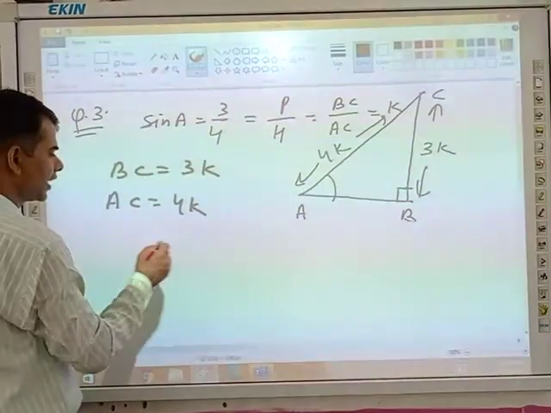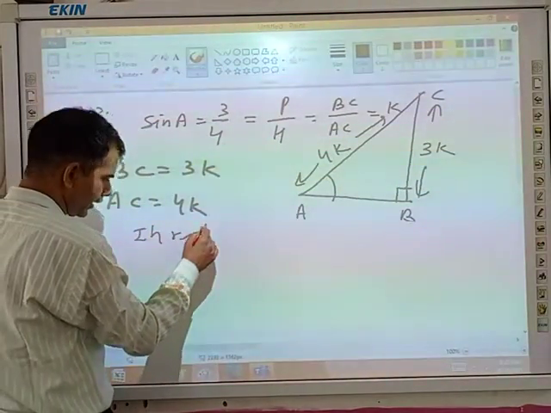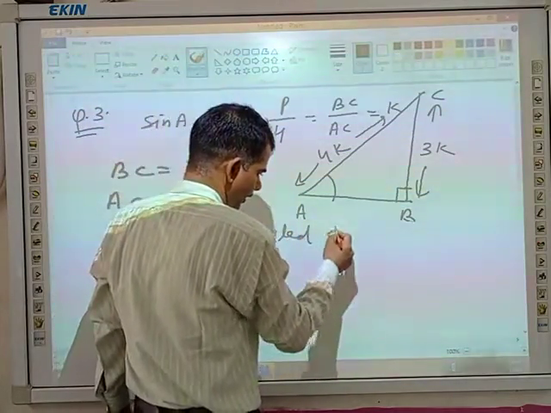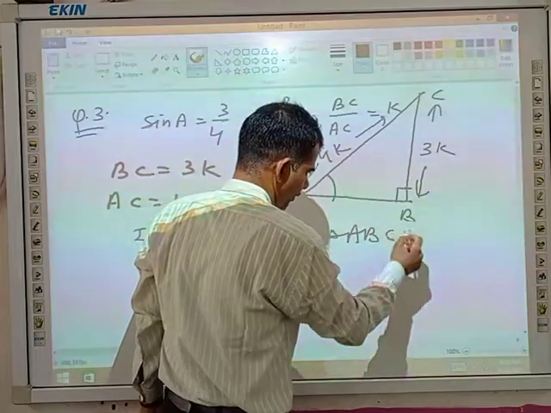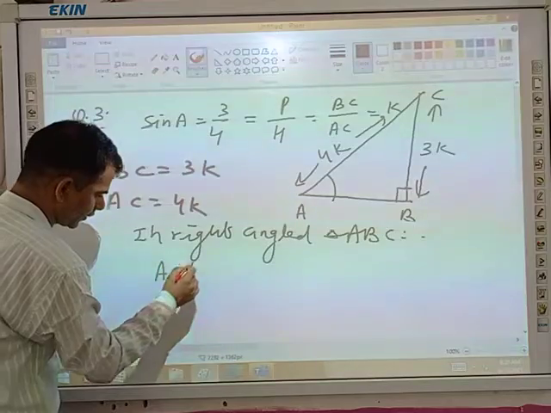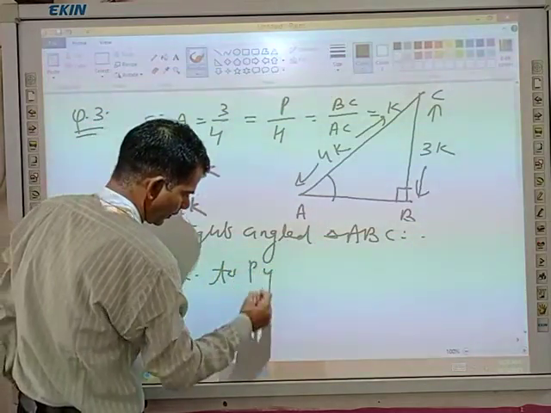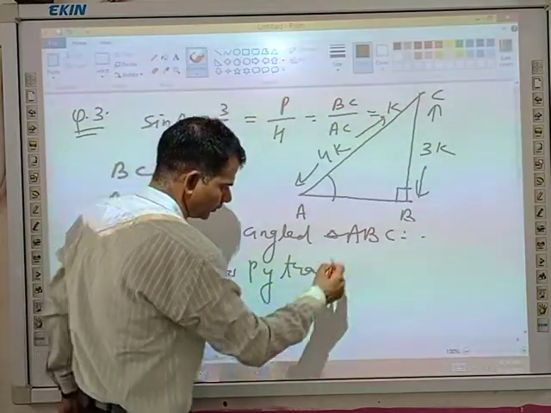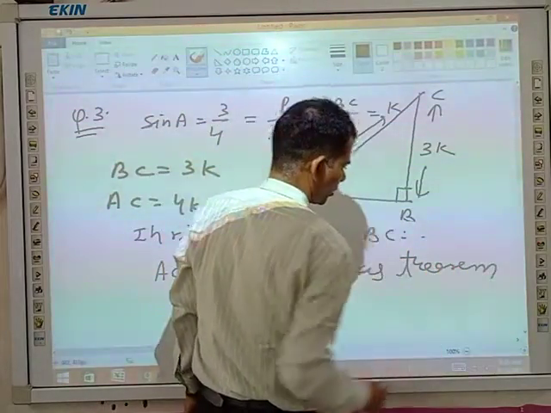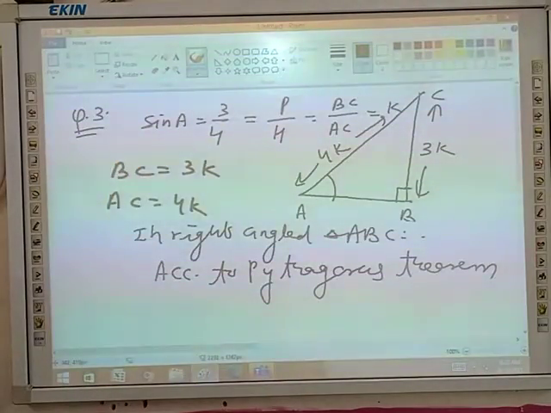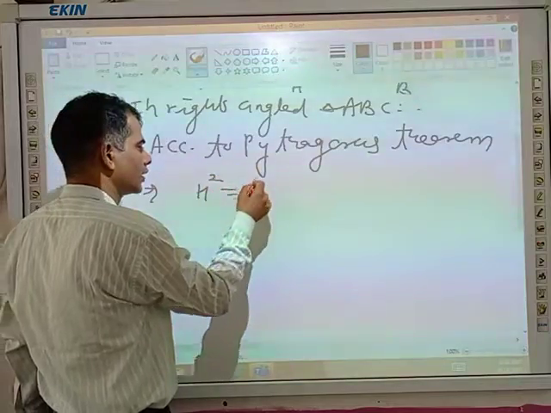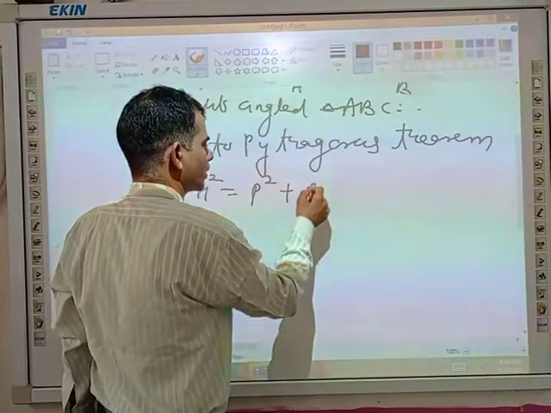In right angle triangle ABC, according to Pythagoras theorem, we get hypotenuse square equals perpendicular square plus base square.